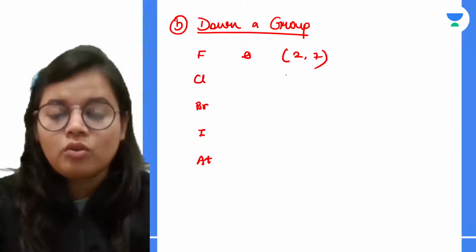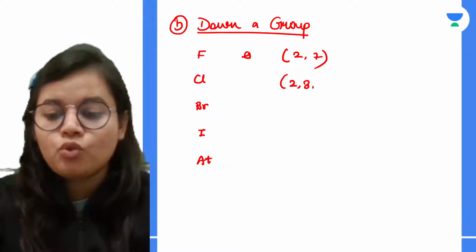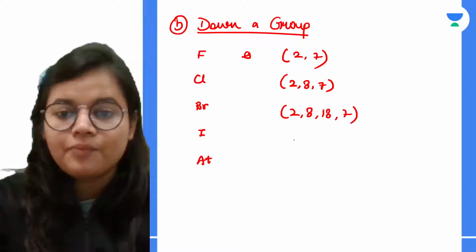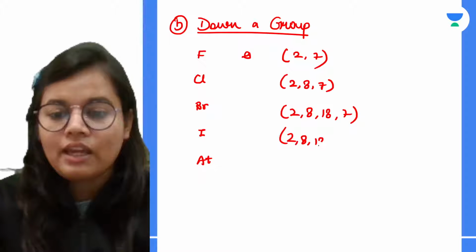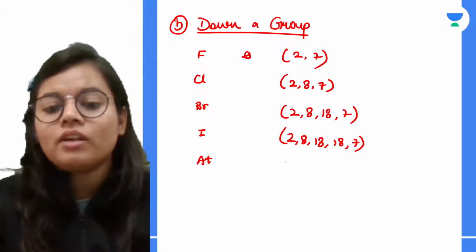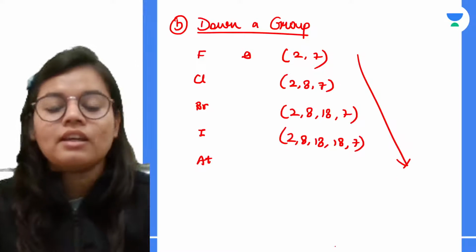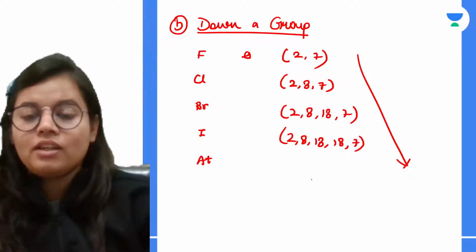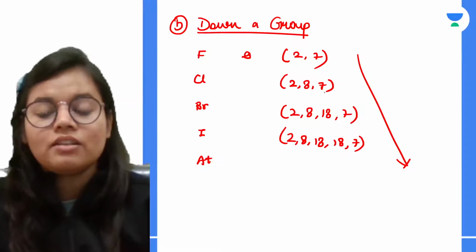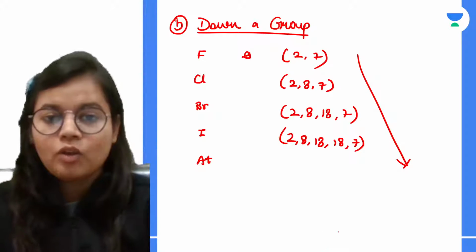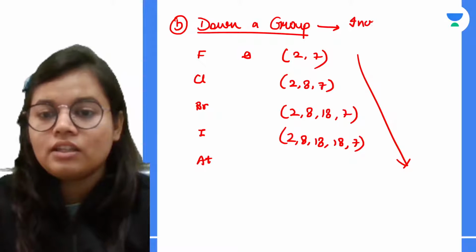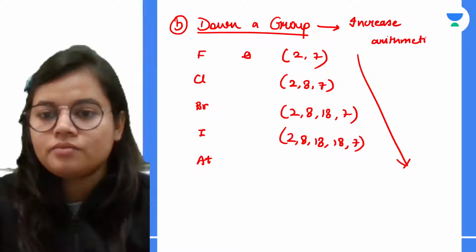Similarly, for chlorine the electronic configuration is 2, 8, 7, then 2, 8, 18, 7. So you can see that they are increasing arithmetically. The number of shells increases one by one. Here we only require 2 shells, then 3, 4, 5, 6, like that. So as we are moving down the group, the number of shells increases arithmetically.